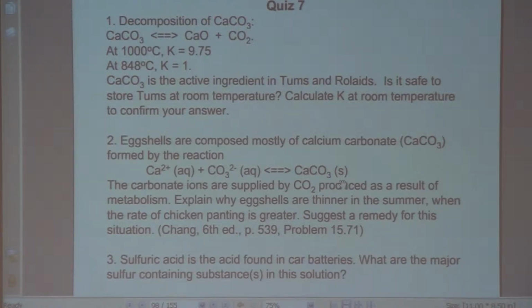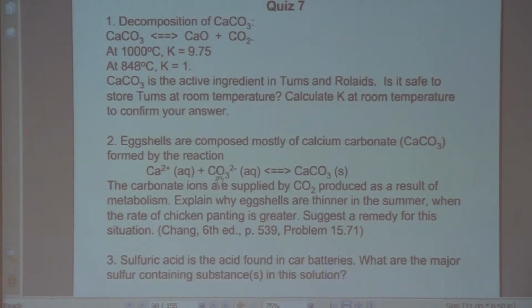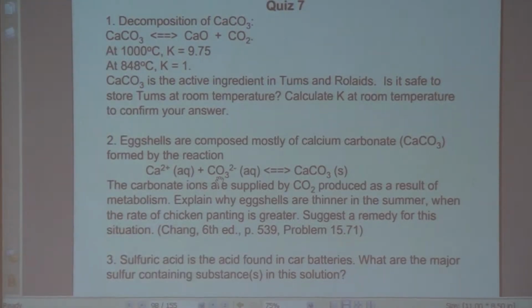So what does CO2 have to do with this chemical equation? Yeah, so the CO2 is related to the amount of CO3 minus on the reactant side. So if the chicken is panting at a faster rate and CO2 is related to CO3 minus, what's happening then to the carbonate ion?